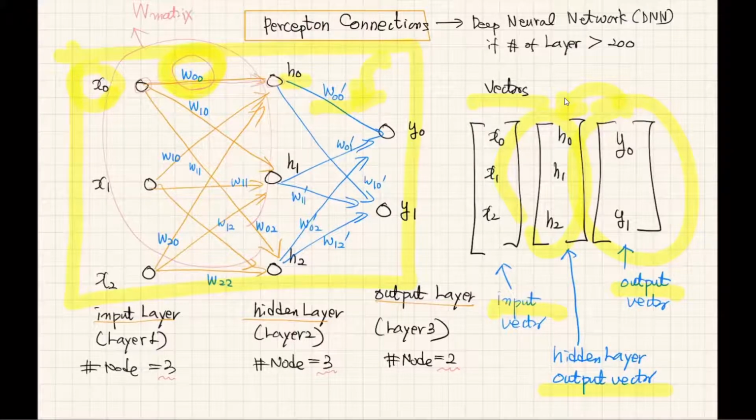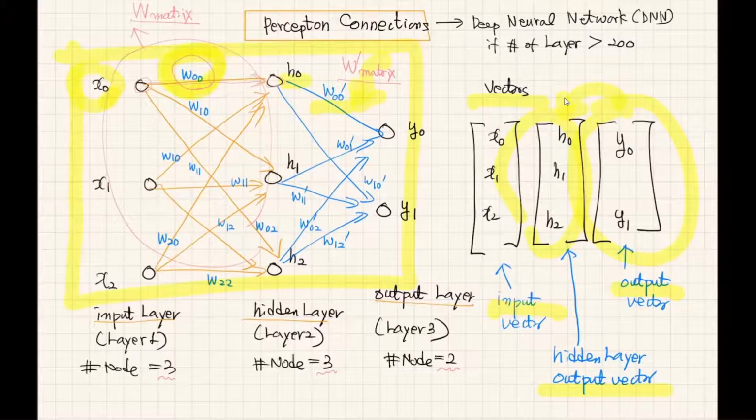In the same way, we have connections from the hidden layer to the output layer. We can also define the weight matrix W dash. So this weight matrix that connects each layer to the next layer will be the key element to describe the connection from one layer to the next layer.